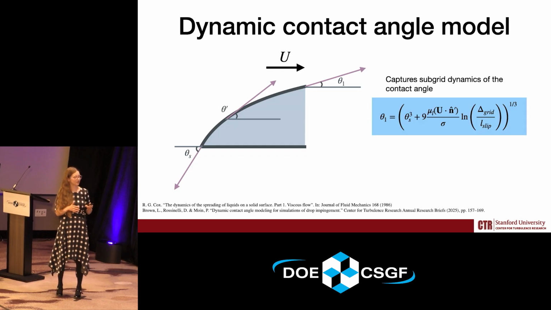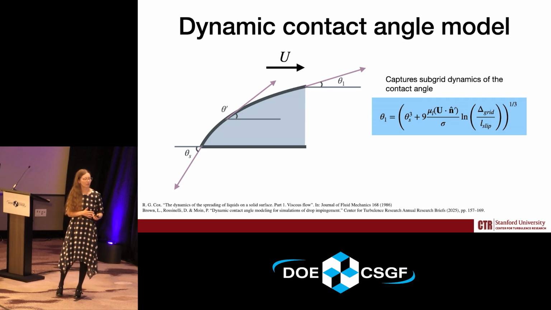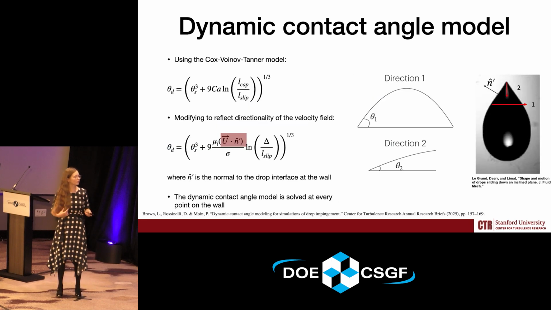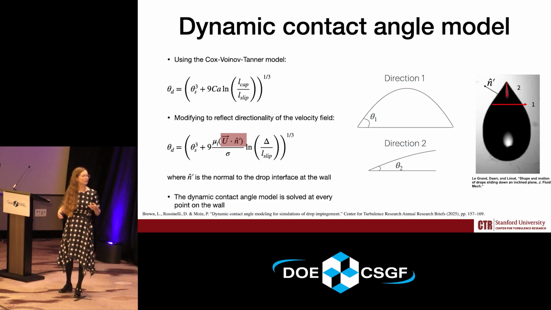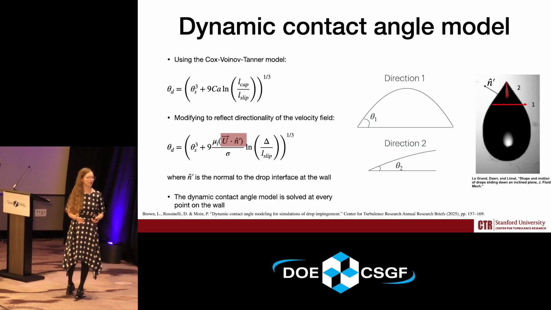And that's where this dynamic contact angle model comes in, which captures the subgrid dynamics of the contact angle back to the grid scale. What we do is we take the well-known Cox-Voinov-Tanner model, and we modify it with this dot product here to impose the directionality of the velocity field.